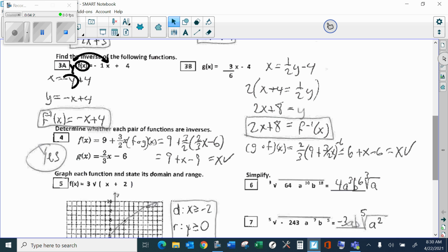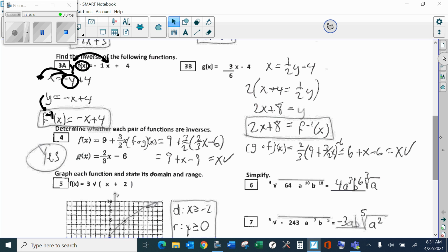So since this is a negative y, I want to move it over to the other side to make it positive y, which means subtract the x across. I get y equals negative x plus 4, and then I substitute that y back in for f inverse of x. Okay, that's a f to the negative 1 if you can't read it. Okay, so you put it back into the function notation.